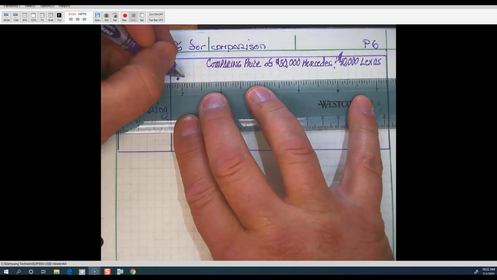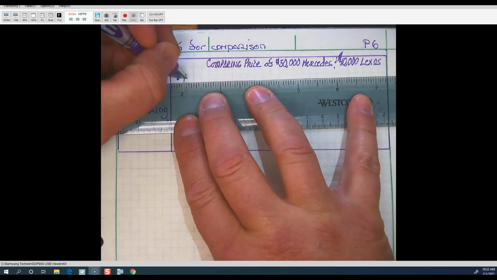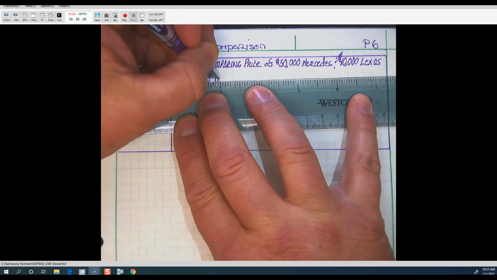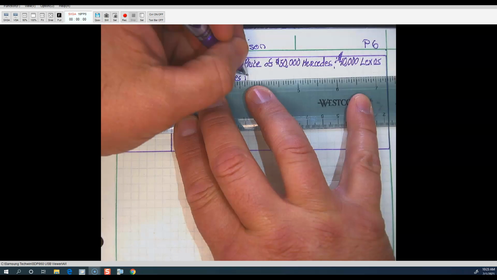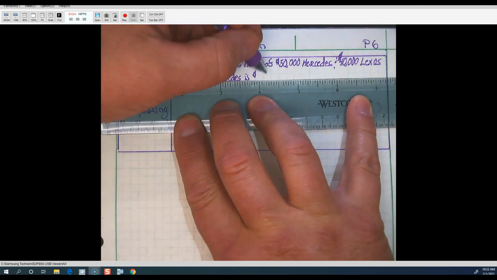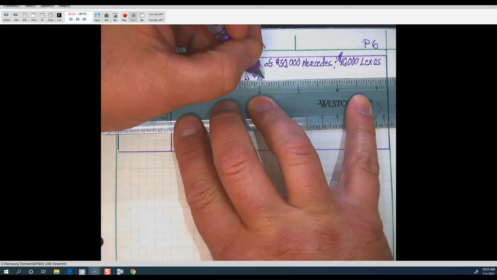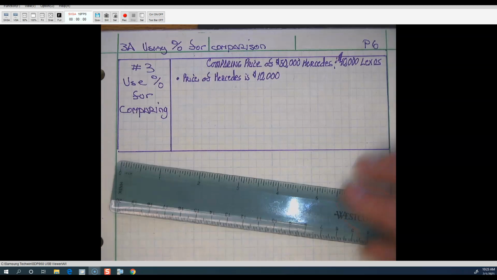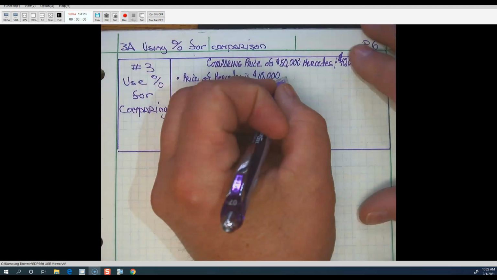Okay, so price of Mercedes is $10,000 more than a Lexus.